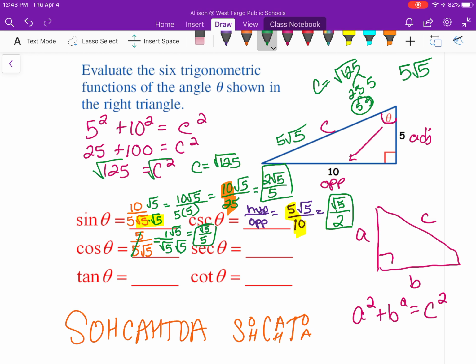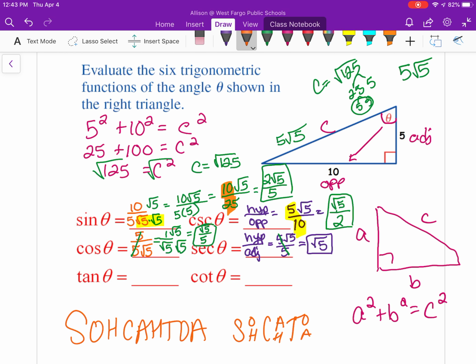So the cosine is square root of 5 over 5. The secant is the reciprocal of cosine, so that's going to be hypotenuse over adjacent, which will be 5 square roots of 5 over 5. Again, I can simplify. 5 divided by 5 is 1, so this simplifies just to the square root of 5.